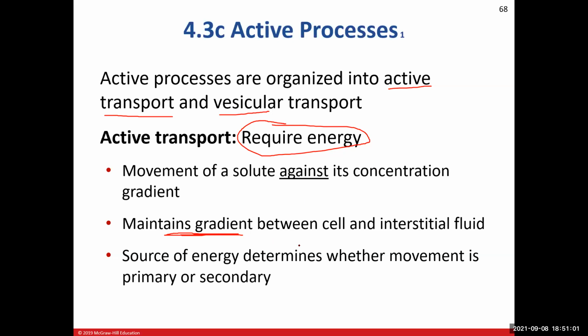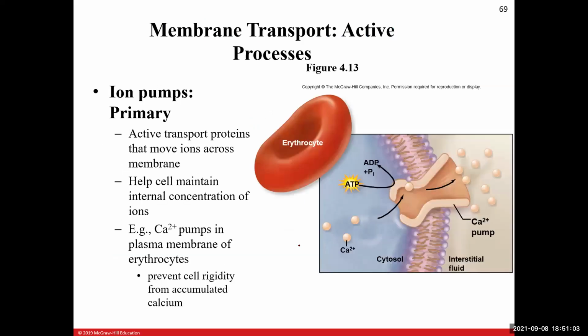So let's talk about the first type of active transport, and that's going to be the ion pumps. Like the name implies, it's a pump, and if it's an ion, it's going to be moving ions across the plasma membrane.